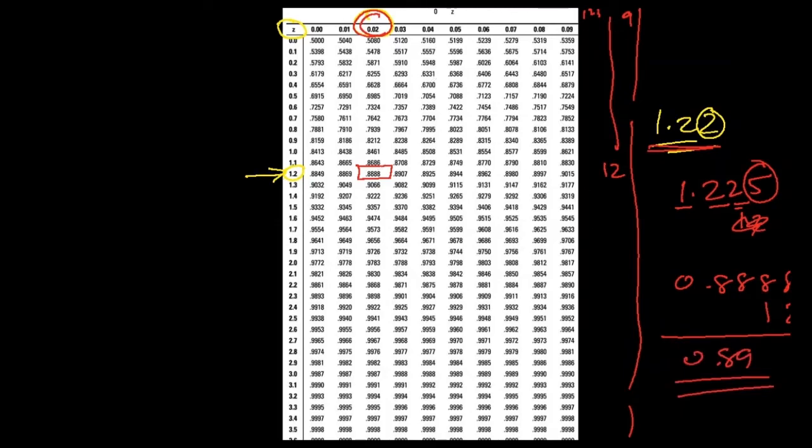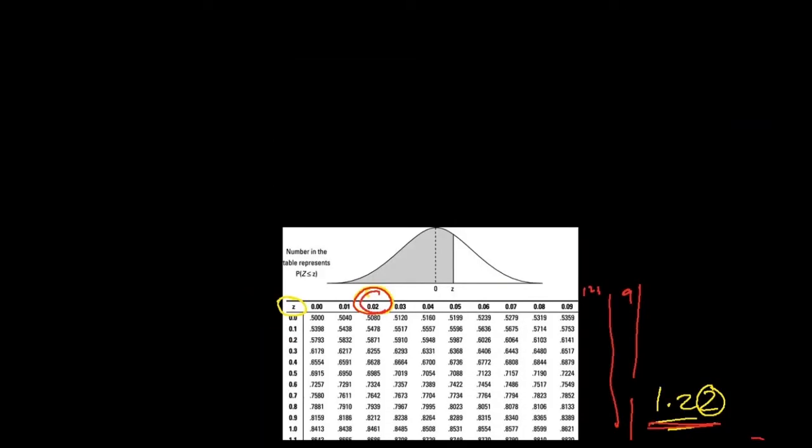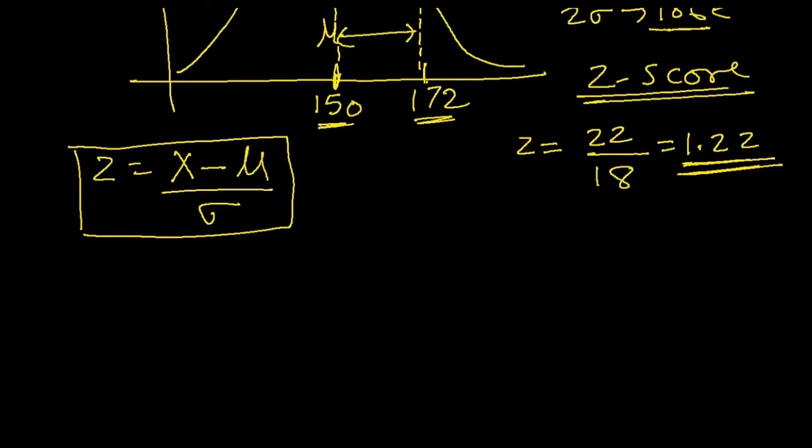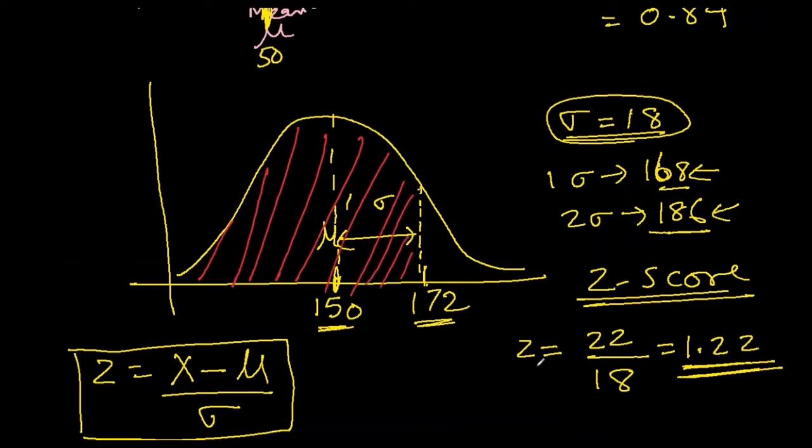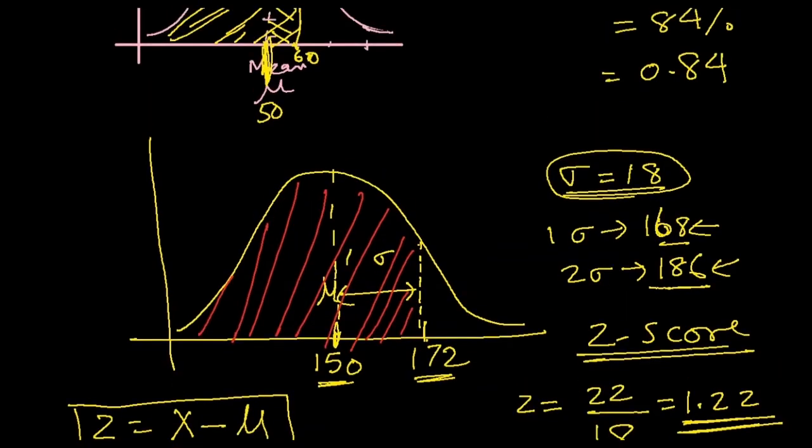And if we go back to our question which was there, so if x is 172 or less and we want this area, it is 0.8888. This is the probability. So you might have noticed by now, every time I gave you an example, I gave you a less than sign.